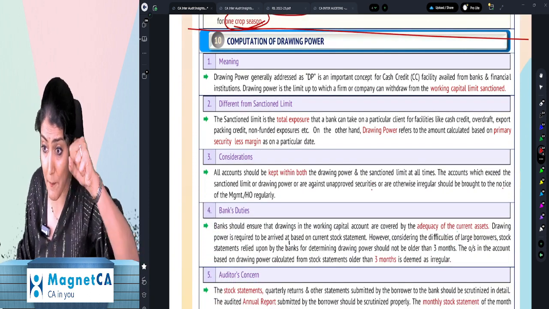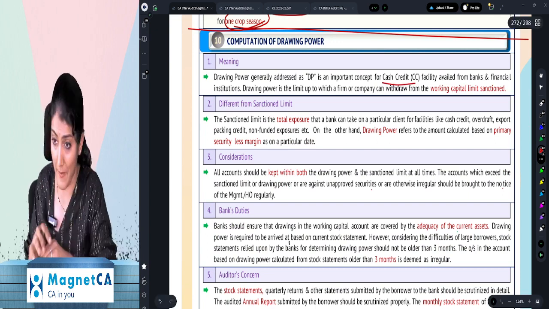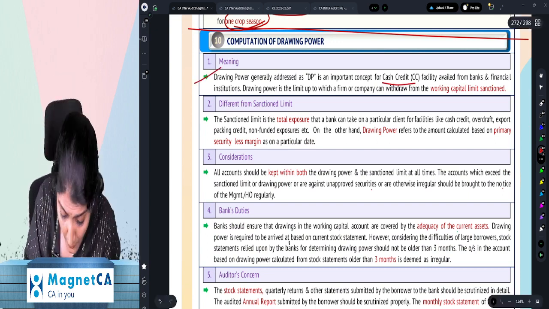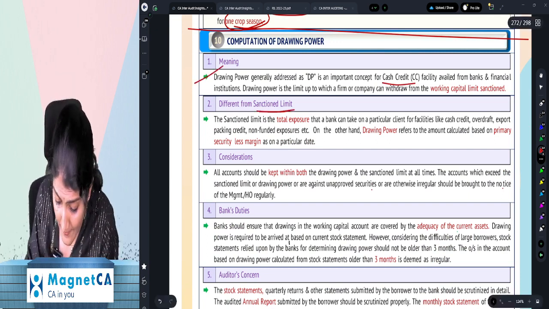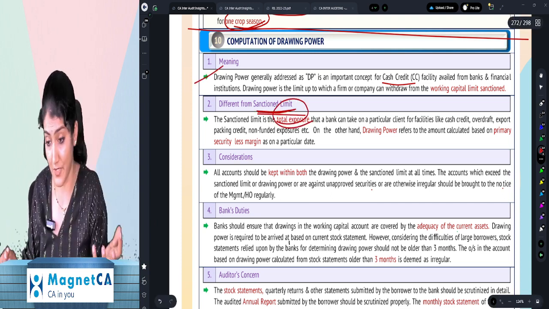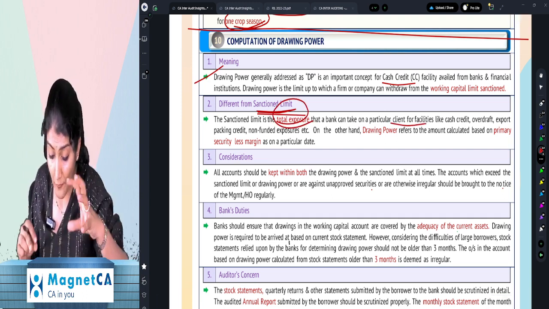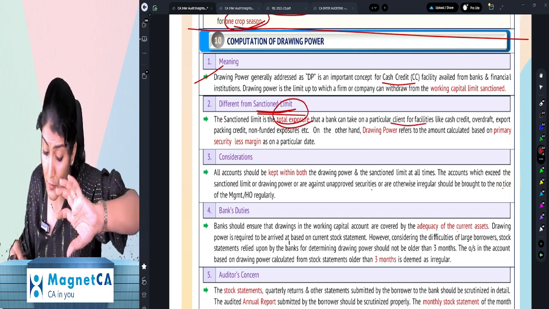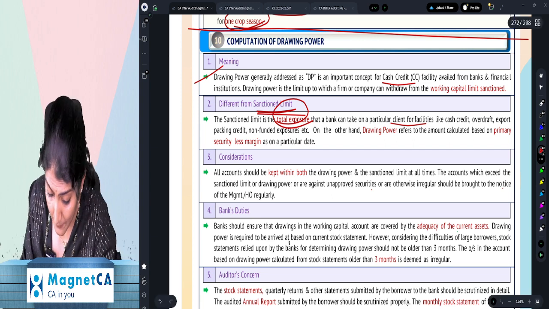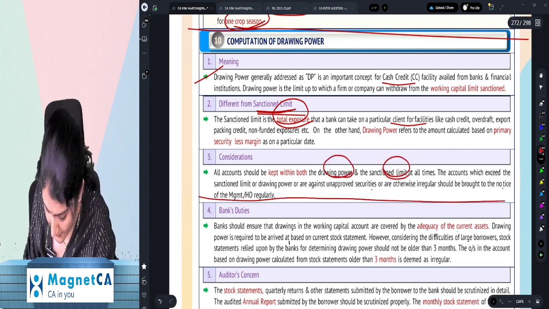The drawing power is regarding how much CC overdraft limit you can get from the bank. There is something called drawing power and something called the sanctioned limit. Sanctioned limit is the total exposure that the bank is ready to give for a particular client. And obviously a particular account has to be kept within both the drawing power as well as the sanctioned limit.